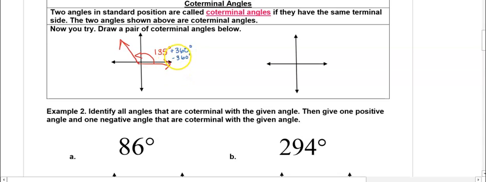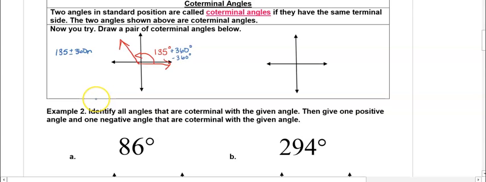You could keep adding more and more 360s, or take away more and more 360s. So really what you have is 135 degrees plus or minus 360 times however many rotations you do. That's the equation to find every single one of them.